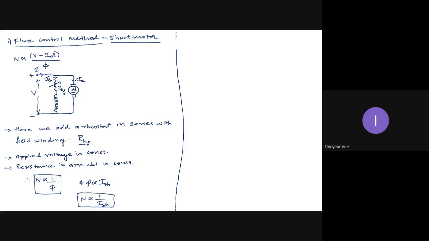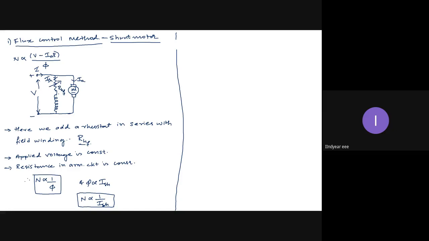When I increase the series resistance, current in that branch decreases. Therefore, ISH decreases. As ISH decreases, flux decreases. Therefore, speed increases.